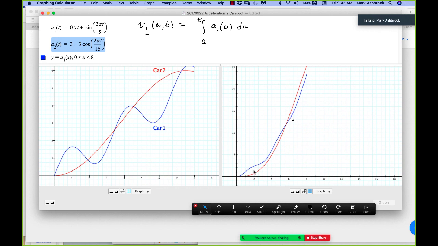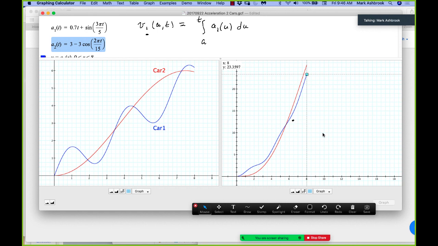I think I've got it to 8 seconds. Yeah, 8 seconds. So in this 8-second period, at the end of the 8 seconds, will car 2 catch up and pass car 1? What do we think? Yes or no? Yeah. Okay, I have a vote for yes. No, I don't think it will. Okay, we have a vote for no.